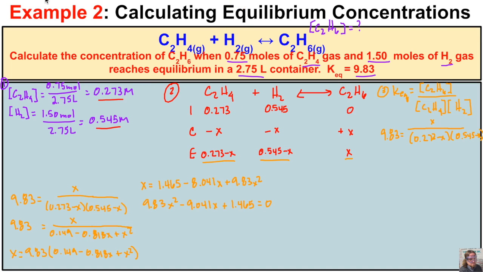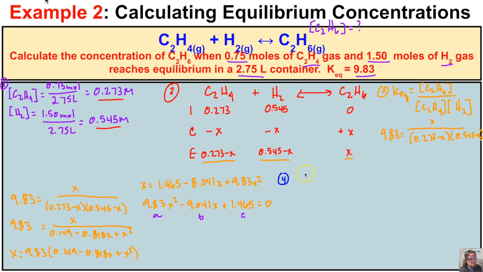And if we take a look, this definitely fits a quadratic equation, where this right here is A, this right here is B, and this right here is C. So we can use the quadratic formula to solve for x, and that's what we need to do in our last step. So in step 4, let's go ahead and do that.